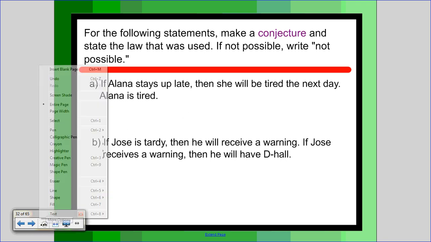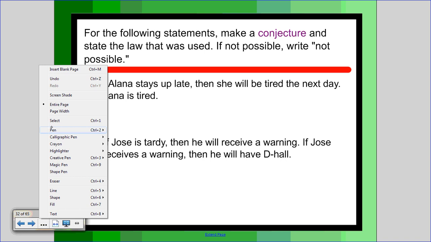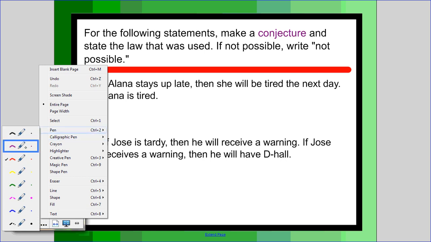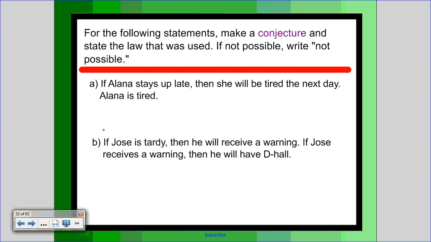In the first one, it says, if Alana stays up late, then she will be tired the next day. Alana is tired. So there's two statements, right? We have to write the third one. In the first statement, let's identify our hypothesis as P. That would be Alana stays up late.